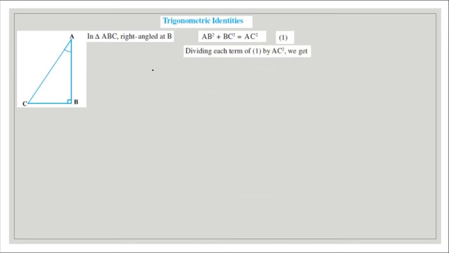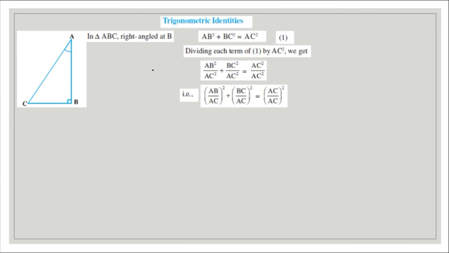Let me name this as equation 1. Let us divide this equation by AC square. We get AB square upon AC square plus BC square upon AC square equal to AC square upon AC square. That is, I can write the same thing as AB by AC whole square plus BC by AC whole square equal to AC by AC whole square.